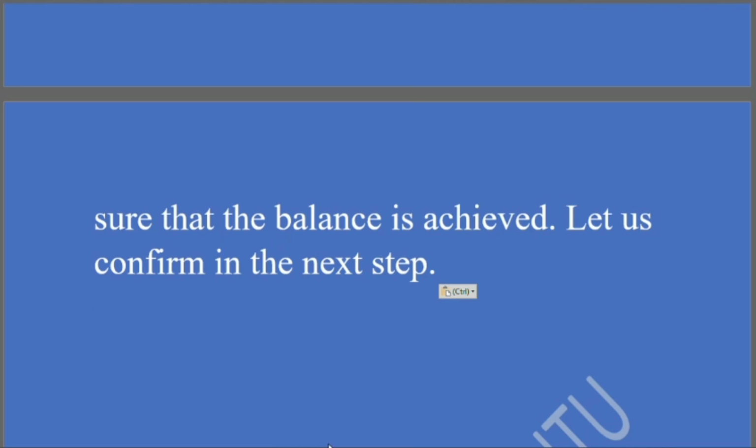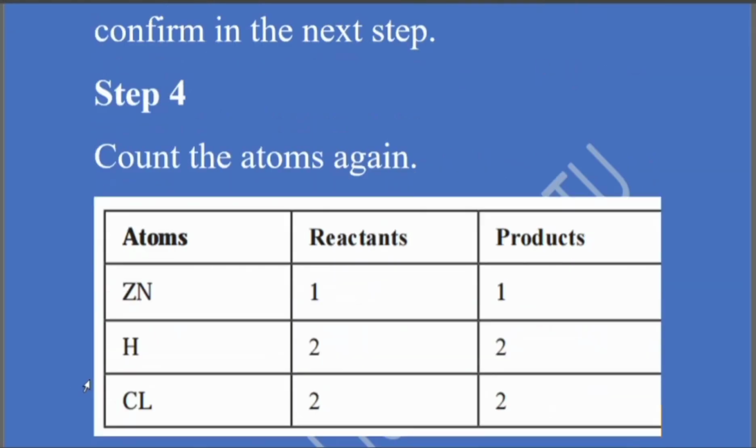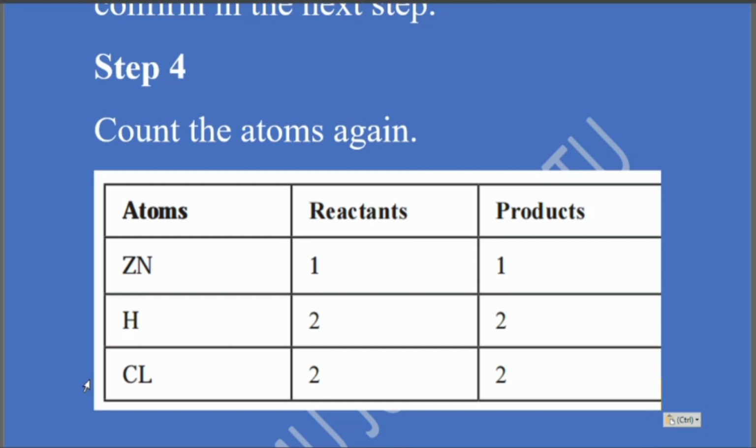Now we want to confirm, so let us confirm in the next step, which is step 4, where we count the atoms again to confirm if they are now balanced.